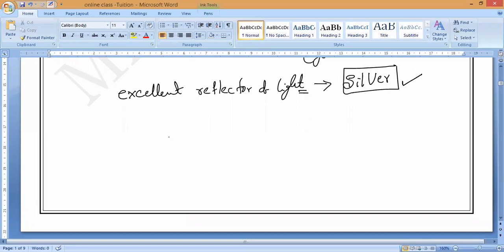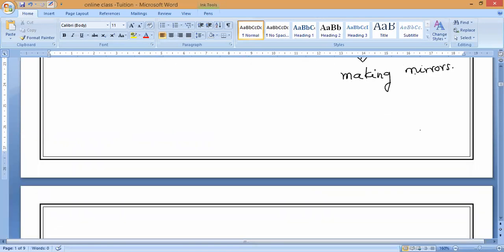That is the reason why it is used in making mirrors. Understand, guys? So CBSE will ask you questions like these only, because they want real life applications, practical oriented knowledge, skill based education. Remember that. So it is used in making mirrors because it is an excellent reflector.